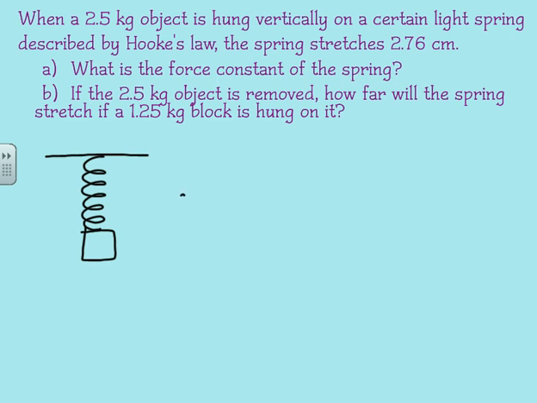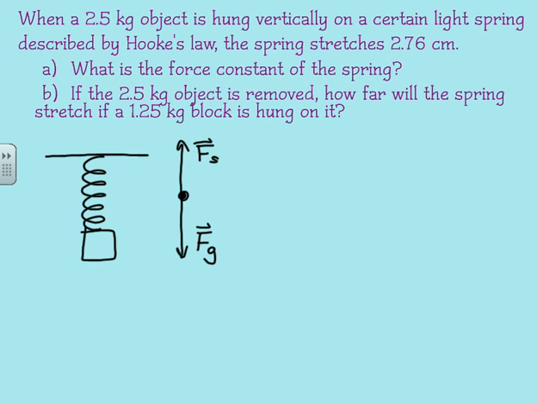Well, if I draw a free body diagram for that object, gravity would be pulling it down, and because that spring stretches, the displacement was downward, so the spring force must be upward. Remember that negative sign in Hooke's law.